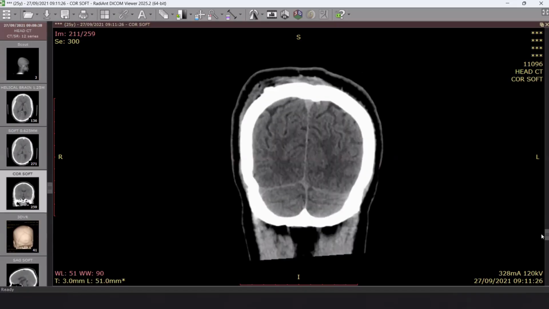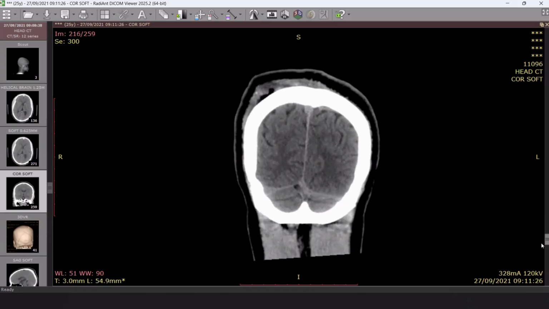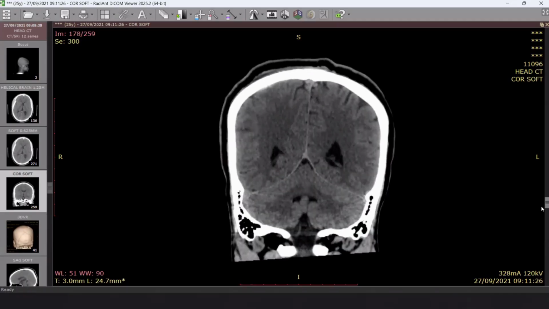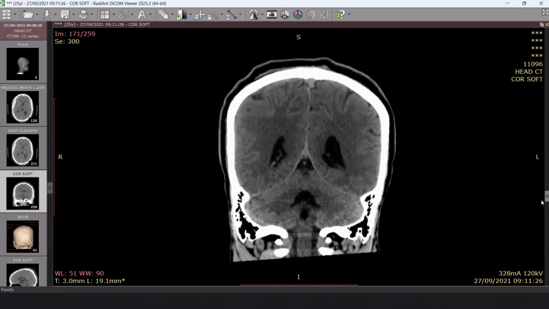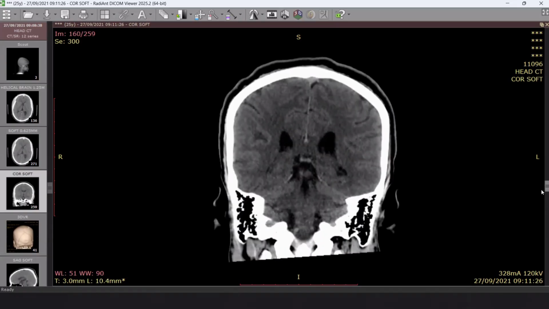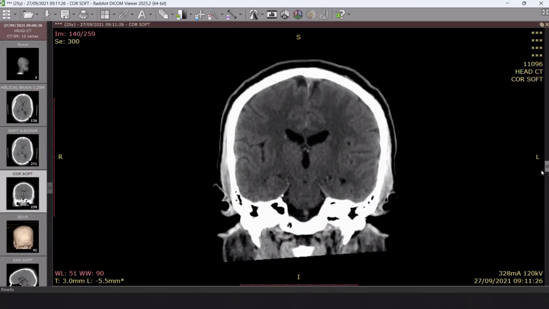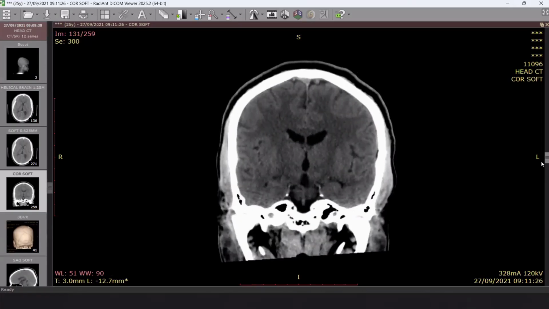It's not well appreciated in the coronal. So it's more likely to be subarachnoid. Yes, it's subarachnoid hemorrhage, it's not subdural hematoma. So we have no smearing of the CSF by blood density.